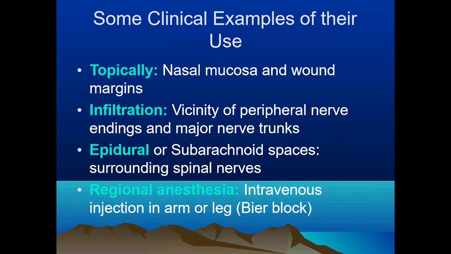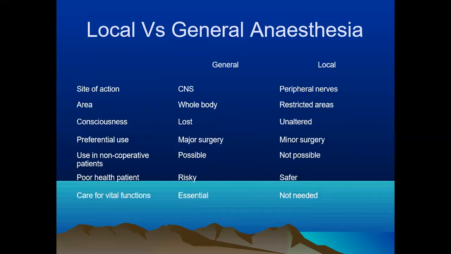You can also do infiltration in the vicinity of the periphery of the nerves, and the major nerve trunks. It can also be used in epidural or subarachnoid spaces surrounding the spinal nerves, and also as intravenous regional anesthesia by injection in the arms and legs, called a Bier block.